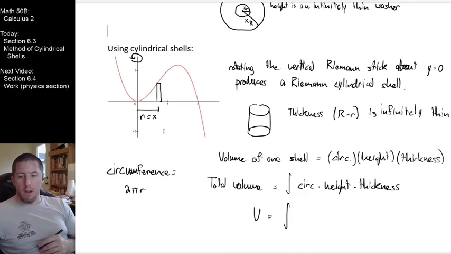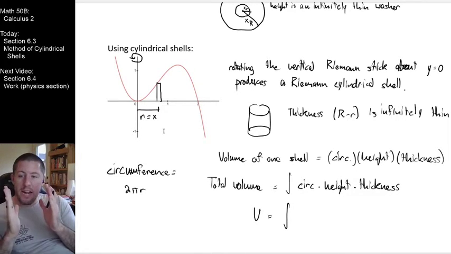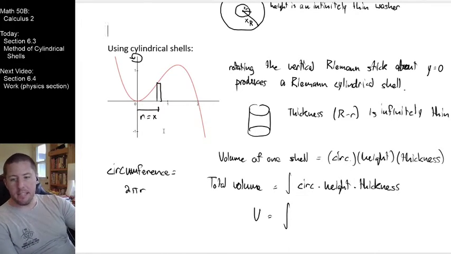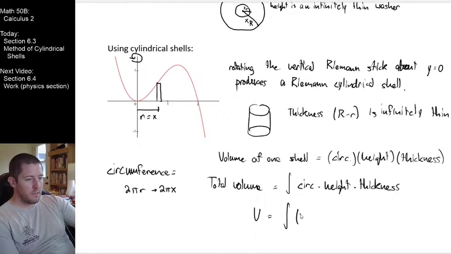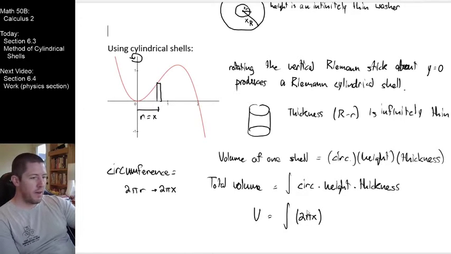Because we're measuring from the line x equals 0 out to some x value, the overall radius associated with every one of our cylindrical shells is exactly the x value associated with the shell's Riemann stick. And so in this case, we're going to get 2 pi x for our circumference. And again, circumference is 2 pi r. It's always going to be your job to make a judgment as to how do we define r in terms of x and y in the problem that we've got. In this one, it looks like our radius is just the x value of our Riemann stick right there.